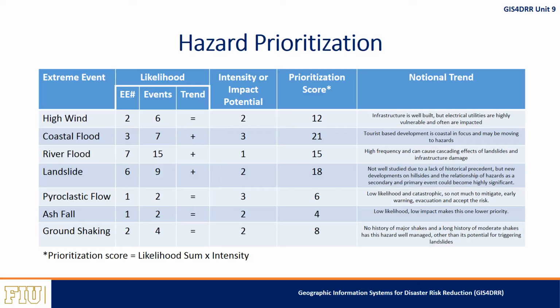Fortunately, there haven't been that number of events, but the intensity would be off the charts. But there's not much you can do except get out of harm's way. So that one is probably not worthy of too much emphasis in terms of mitigation other than early warning.